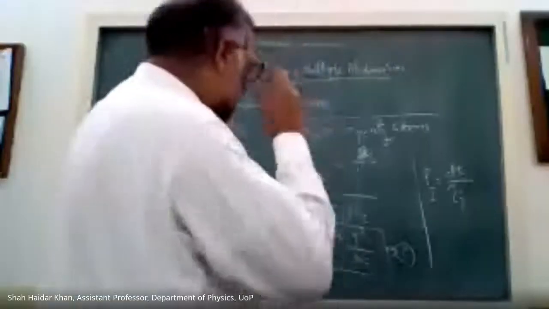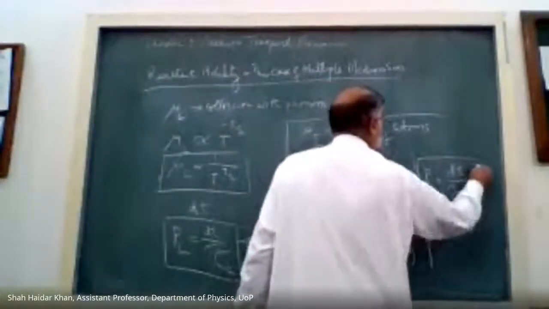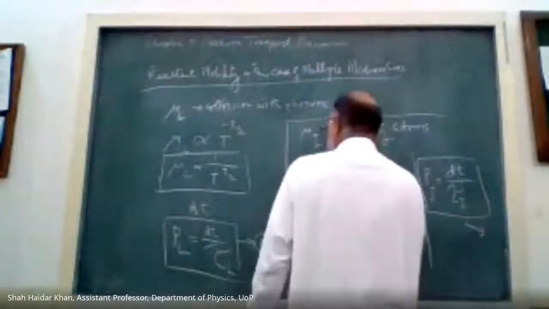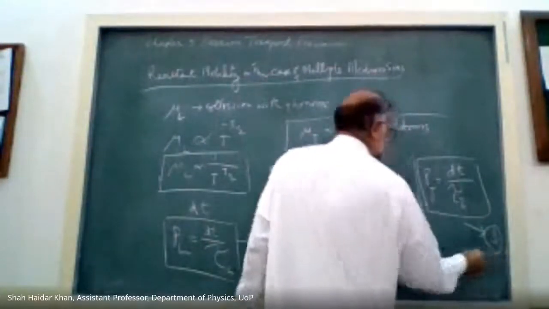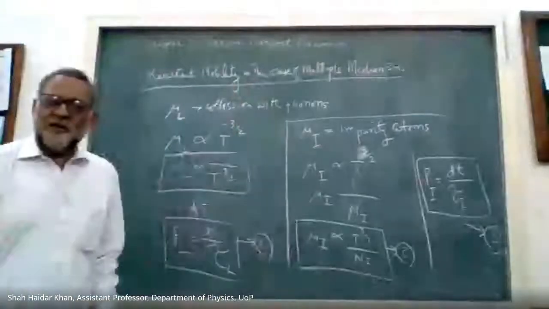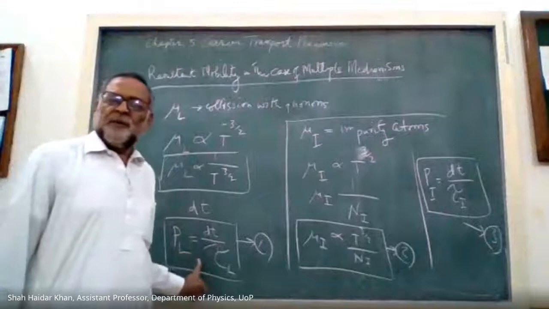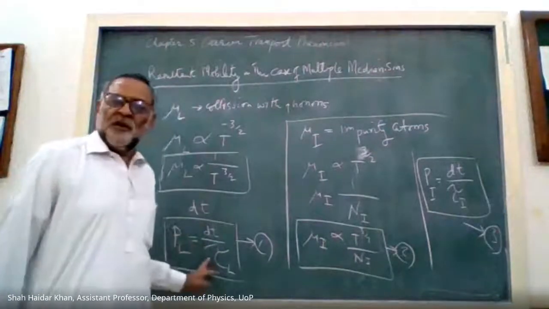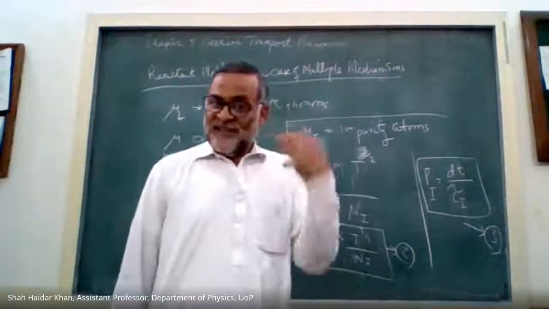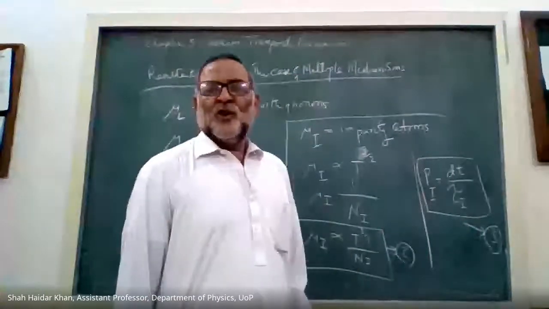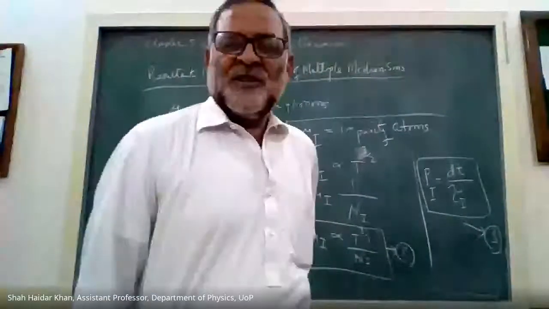So one is the probability of collision here due to only lattice vibrations, or the presence of phonons, and here collision with impurity atoms. So what is the total probability?